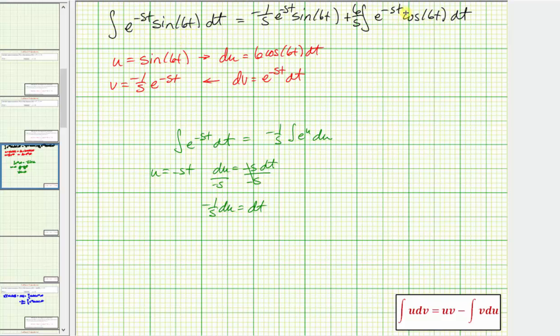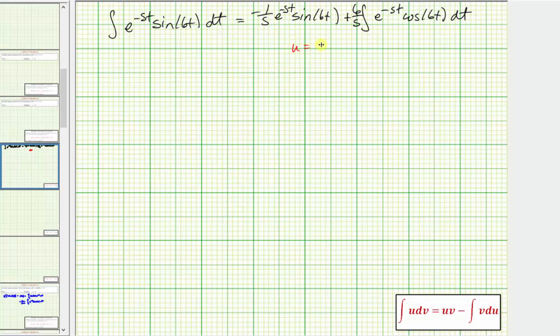So for our next step, we'll apply integration by parts again. So we'll let u be equal to cosine 6t and differential v equal to e to the negative st dt, which means differential u is equal to negative sine 6t times 6 dt, or negative 6 sine 6t dt.